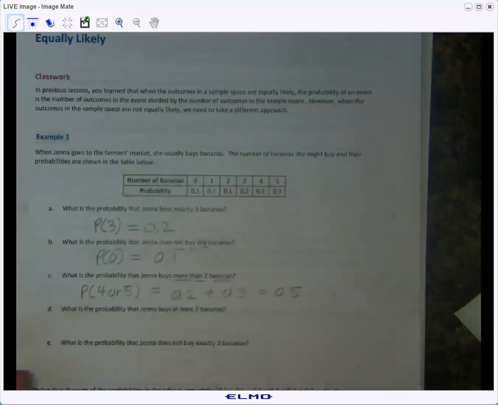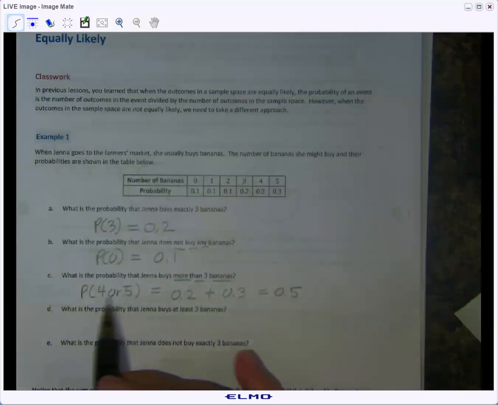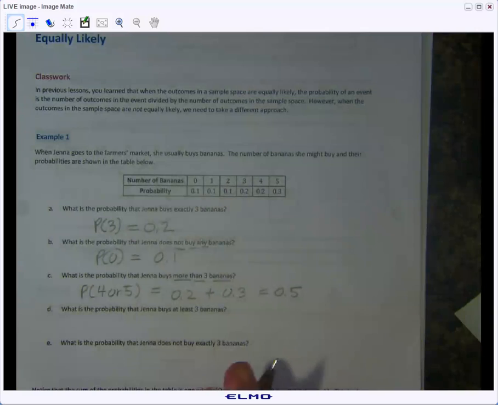So you just add those probabilities together, because either one of those will be considered the event we're looking at. If she buys 4, that's more than 3. If she buys 5, that's more than 3. So you add them up.